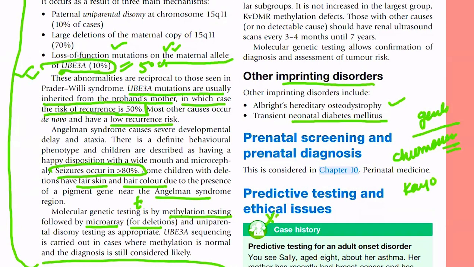We see whether both sex chromosomes are present or not. When we want to know whether there is trisomy 18 or 21, we go for karyotyping. When we have to see a deletion, a microdeletion, or a duplication, we prefer microarray testing.